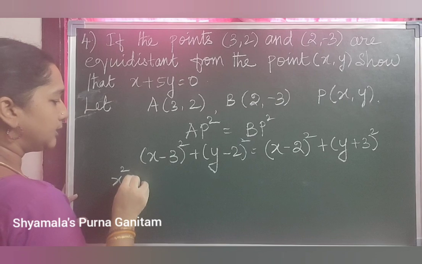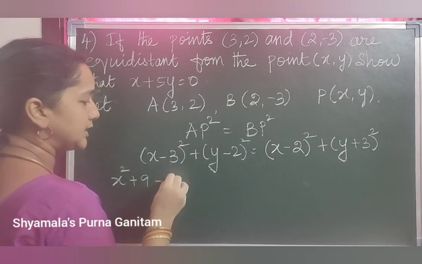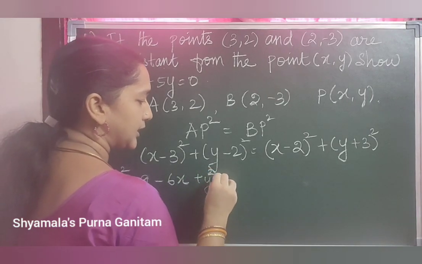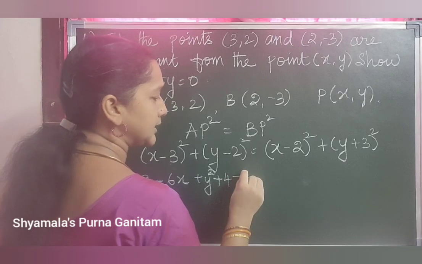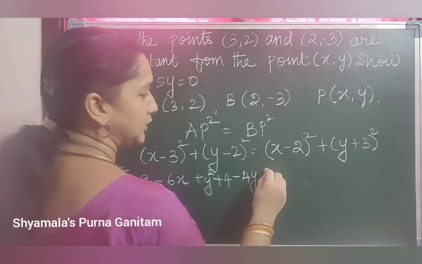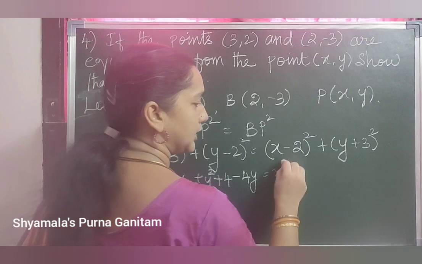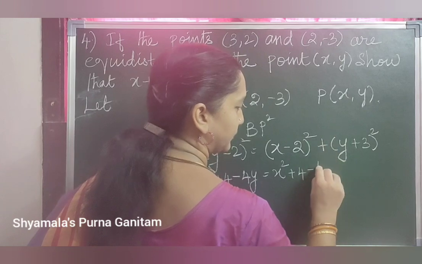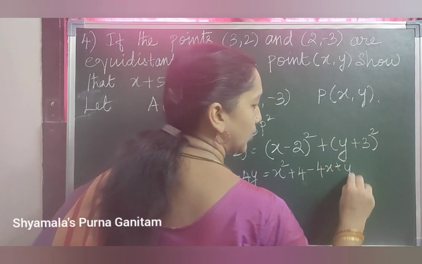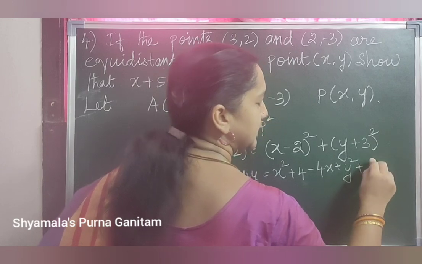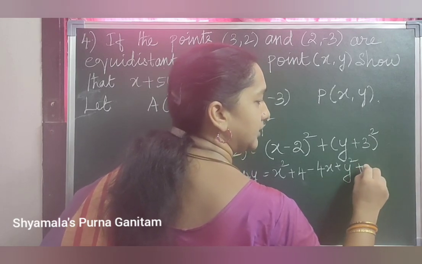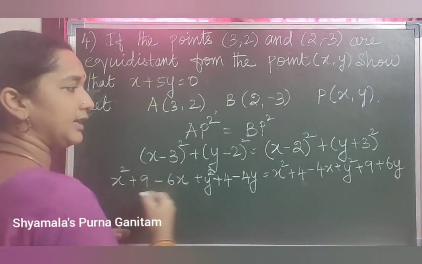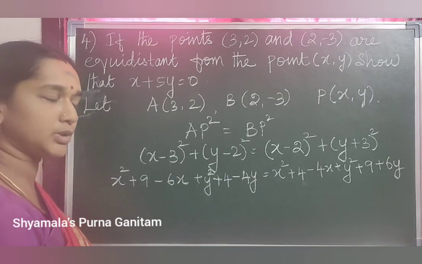So a squared plus b squared minus 2ab, plus here also a squared plus b squared minus 2ab is equal to, same way this side also, a squared plus b squared minus 2ab plus y squared plus a squared plus b squared plus 2ab. I am expanding it in that a plus b and a minus b the whole square formula.